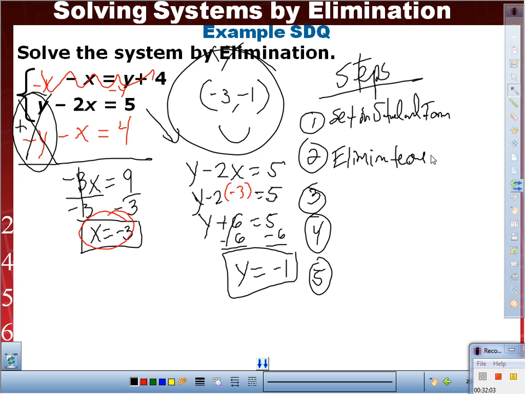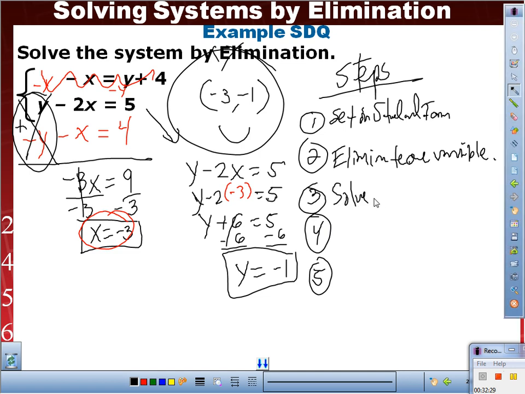Step 2, eliminate one variable. Once we did that, what is step 3, everyone? Okay, let's see. Step 1, step 2, what is step 3? Solve for one variable.